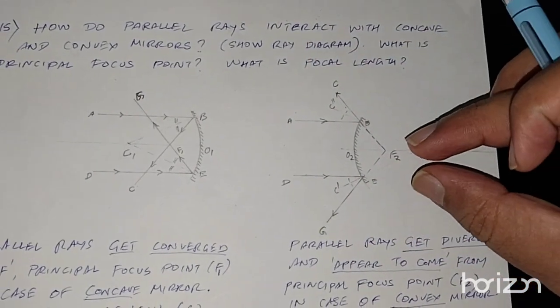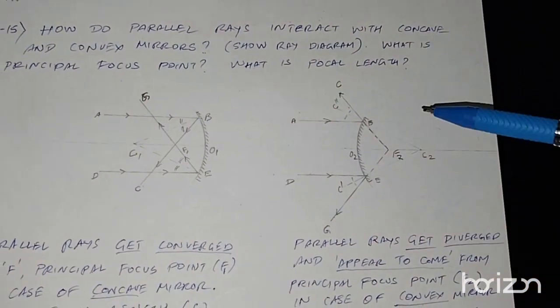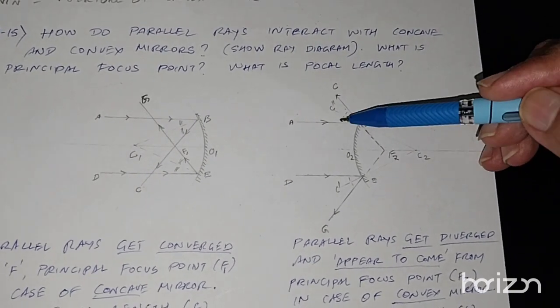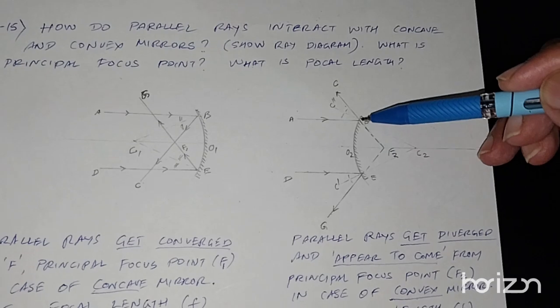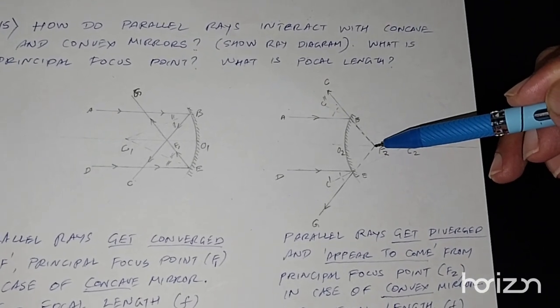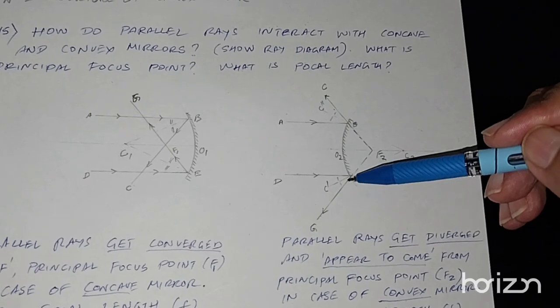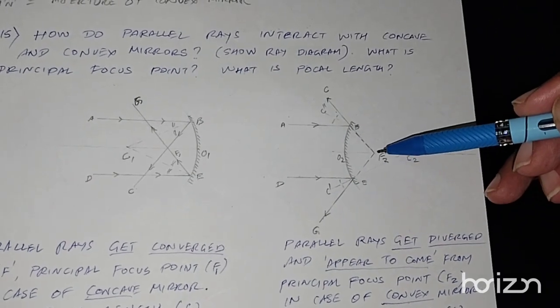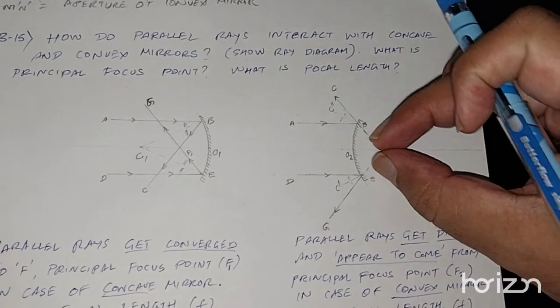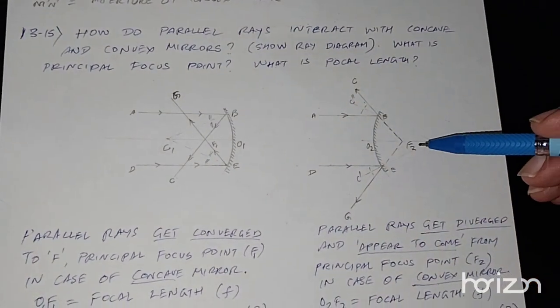But it seems as though it is diverging from a point called F2. If you take the diverging reflected ray and backtrace it, it will come to this point. If you take this other reflected ray and backtrace it, it comes to the same point. So it seems like it is diverging from this point, which is nothing but the focal point.